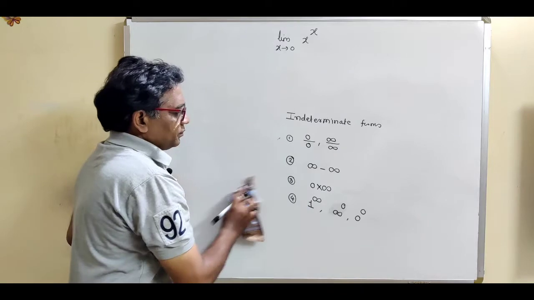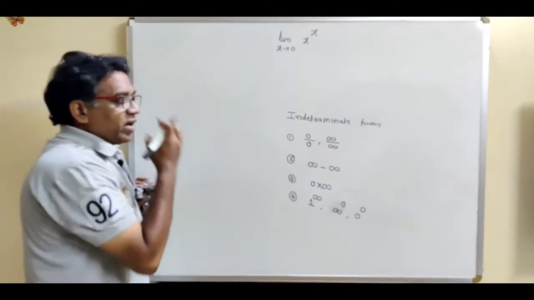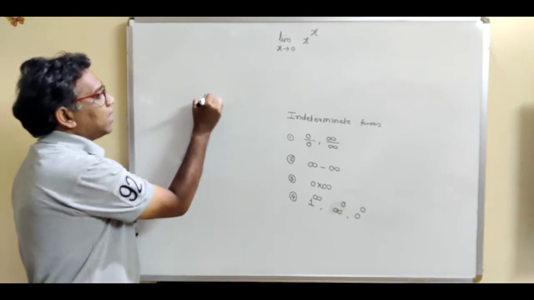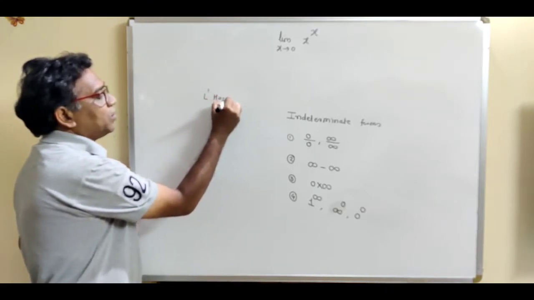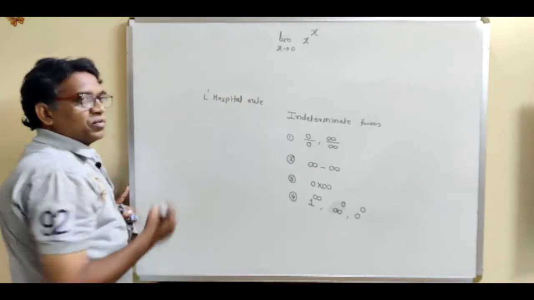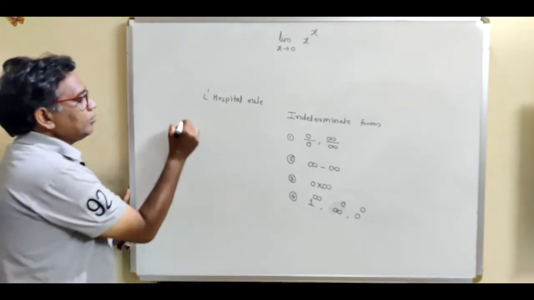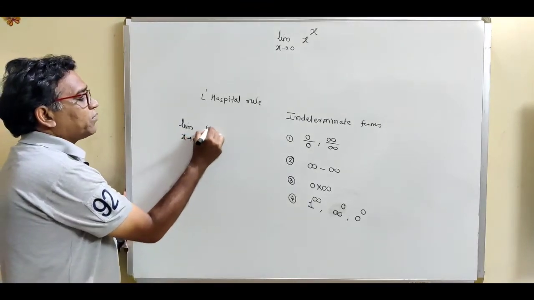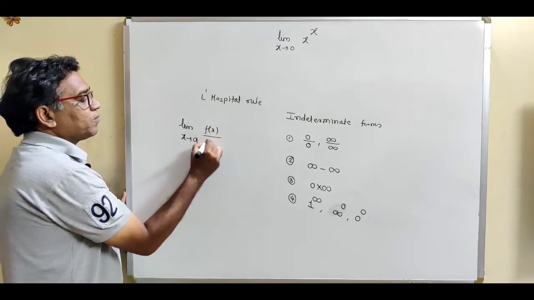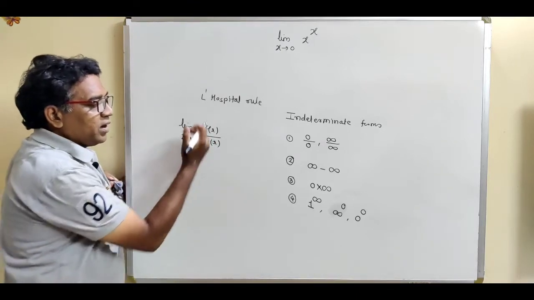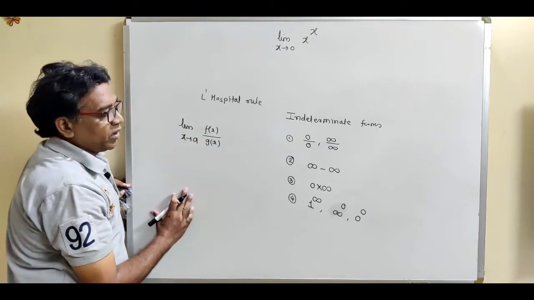Now see, also we have seen the L'Hopital rule. Now see, what is this rule? If the limit form of some division, first of all we require the limit form in terms of division.